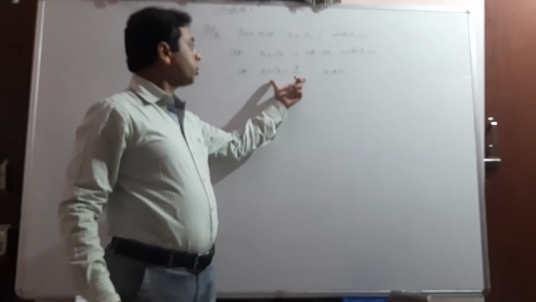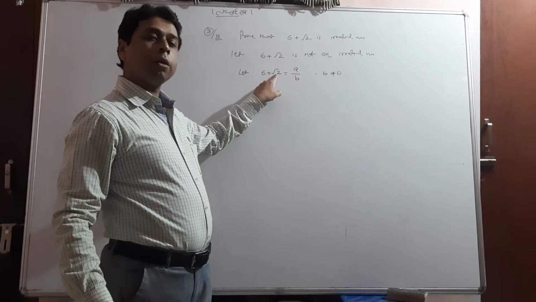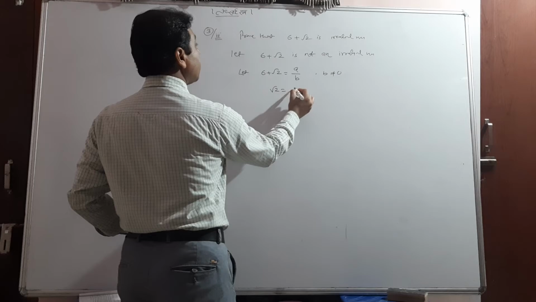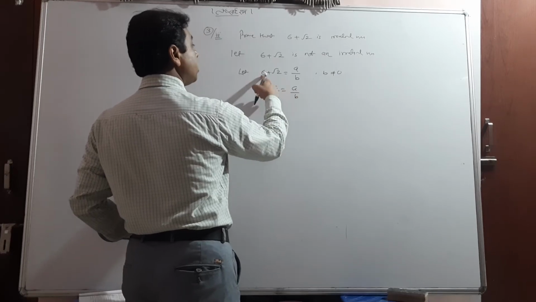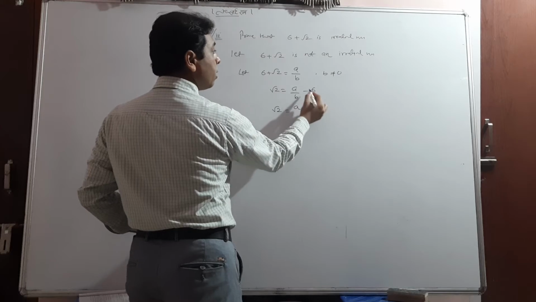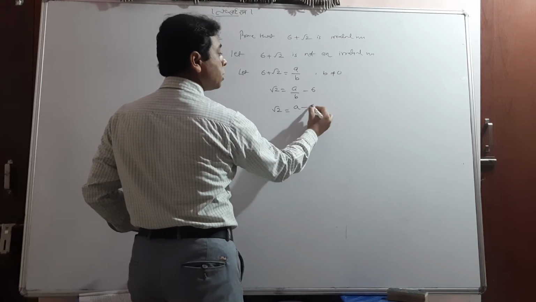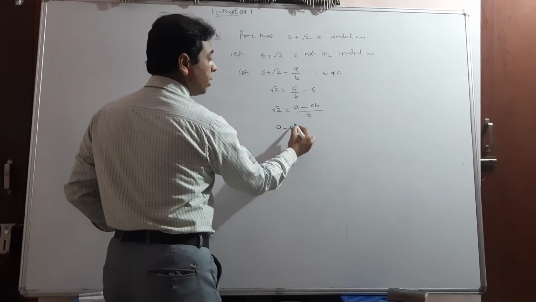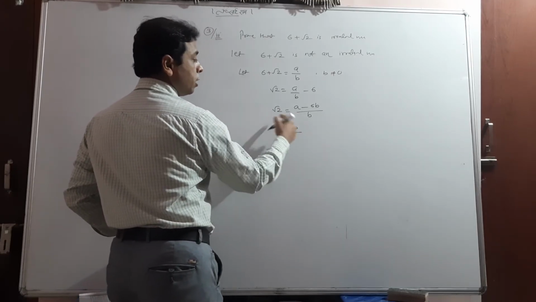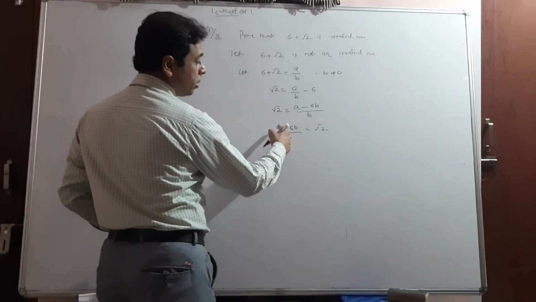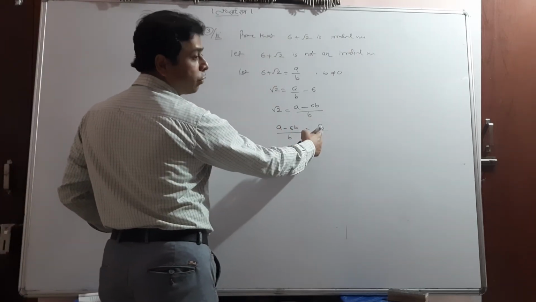How to prove this question? We will make this alone. So root 2 I will keep here the same, a by b, and that 6 will transfer to that side. So root 2 is equal to, I will take the LCM, which is b: a minus 6b upon b. I want to write this term again. This is here and root 2 is here. Now it is very clear that it is rational and it is irrational.